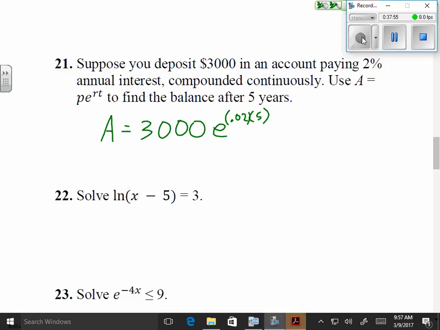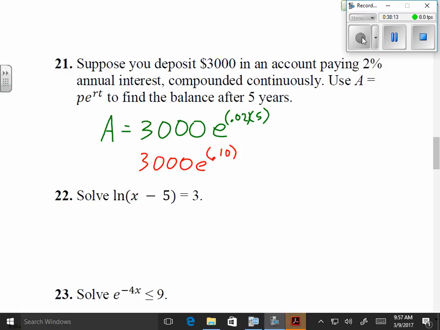So we can put that in our calculator. We'll put 3,000 times e to the 0.10 power, because 5 times 0.02 is 0.1.